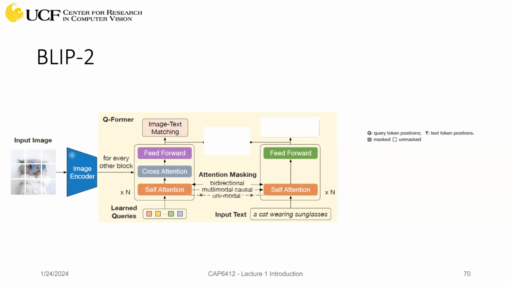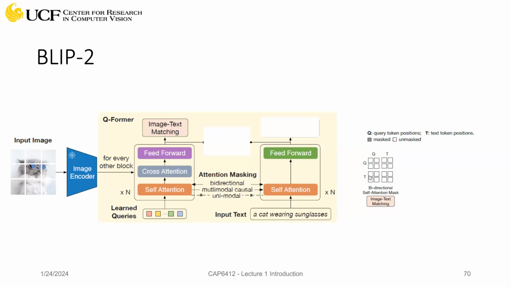So now, image-text matching. We have query tokens. Just as an example, there are 2 query tokens and 2 text tokens. When the squares are all unmasked, this is a bidirectional self-attention mask, which means each of the query tokens will be attended by both query tokens and both text tokens.